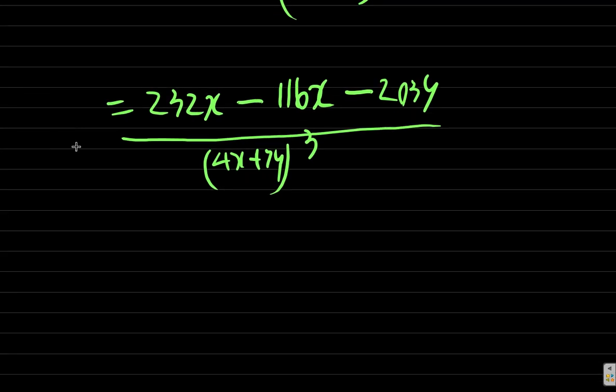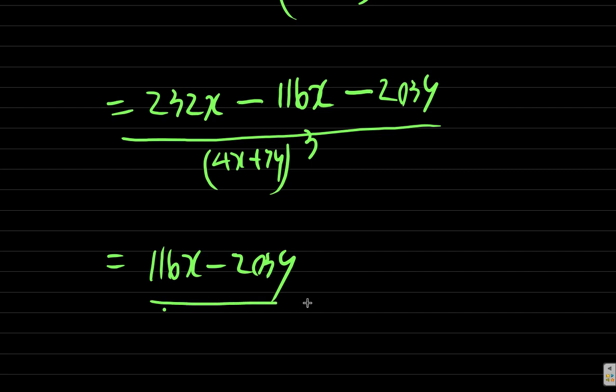So what you would have here is 232x minus 116x, right? 232 minus 116 gives you 116x minus 203y over (4x + 7y) to the power of 3.